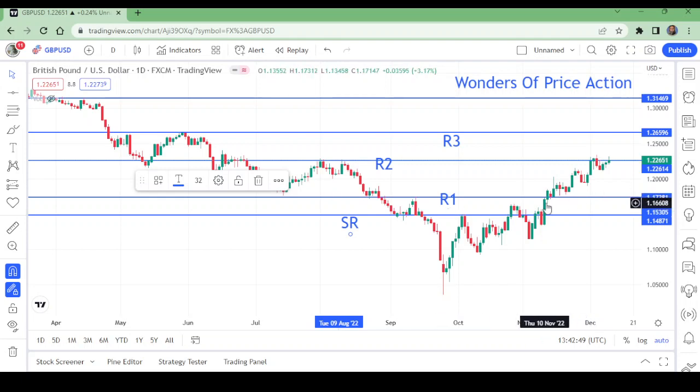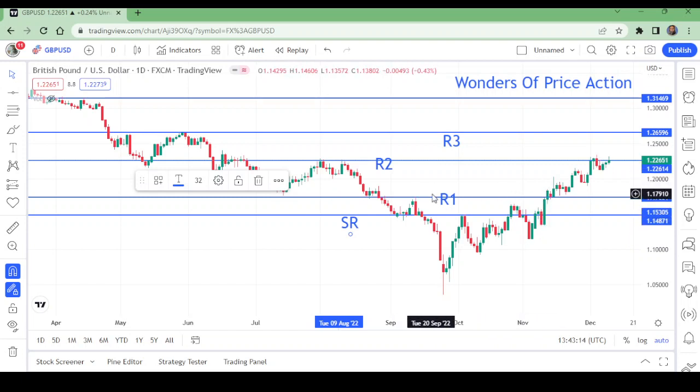It's the same scenario that happened here. Then R1 broke here. Now one thing is very important to note: when the real resistance was broken, the pair went up directly. But when it was thrown back from here, it again went back to this level, retested again, and then it was able to break this level.